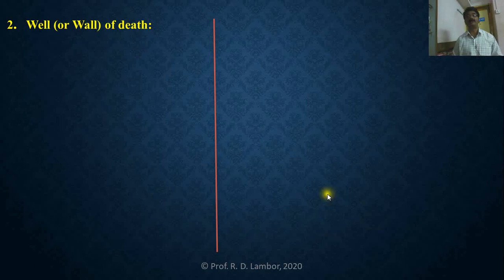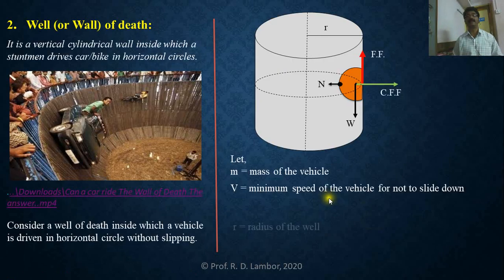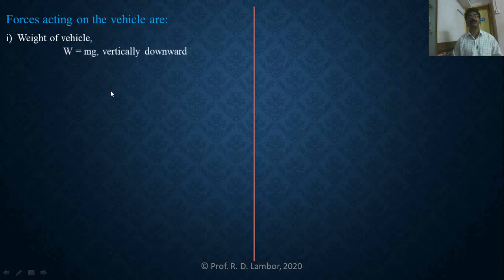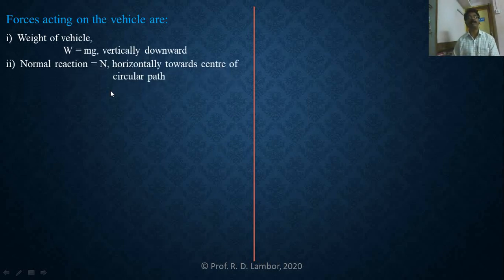Yes, I will shift to the next slide. Yes, forces acting on the vehicle are, see, weight of the vehicle, vertically downward; normal reaction, horizontally towards the center of the circular path. Why horizontally? Because the road surface is vertical, and this normal reaction is always perpendicular to the road surface.